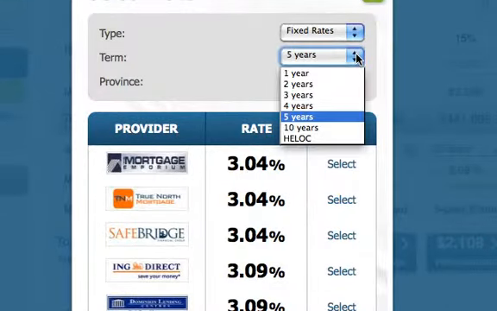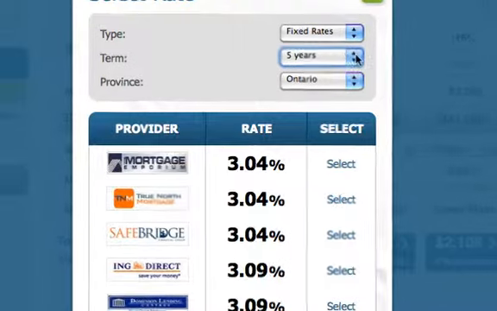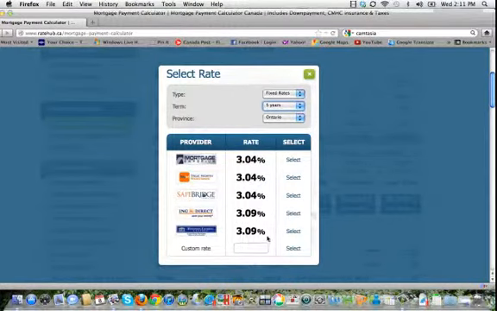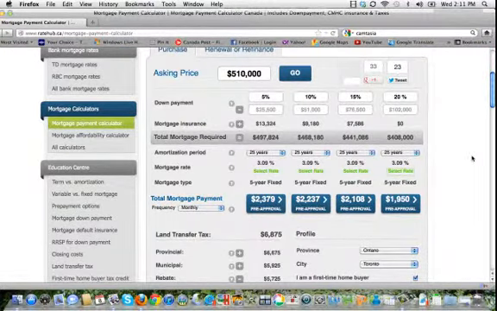You can choose between 1, 2, 3, 4, 5, and 10 years. For the purposes of this, let's pick 5 years. And of course, we're in the province of Ontario. Let's select the highest number here. I don't think that's the reality right now, but of course, let's just do this for the exercise. So here we have it. That's how I picked that. It was a 5-year fixed mortgage, and a rate of 309 gives you this amount of money.